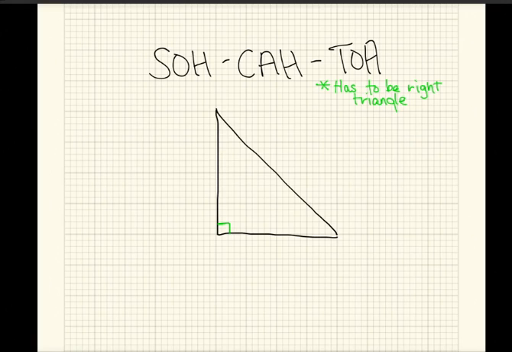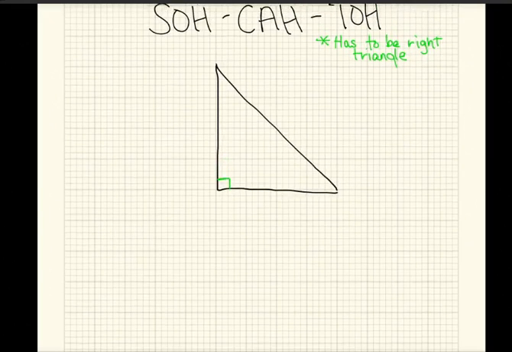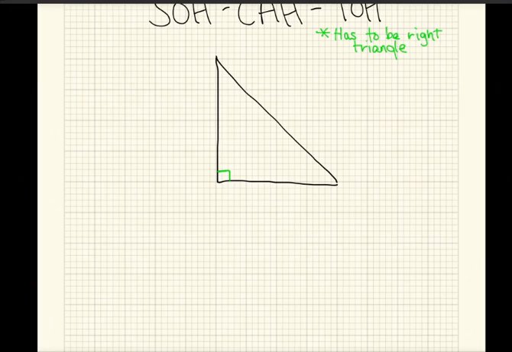So let's go ahead and label our triangle. This side is our hypotenuse, and a very important thing about the hypotenuse is that it's the longest side.